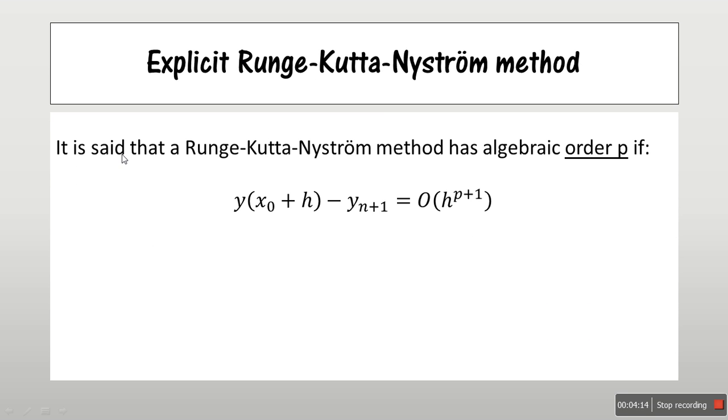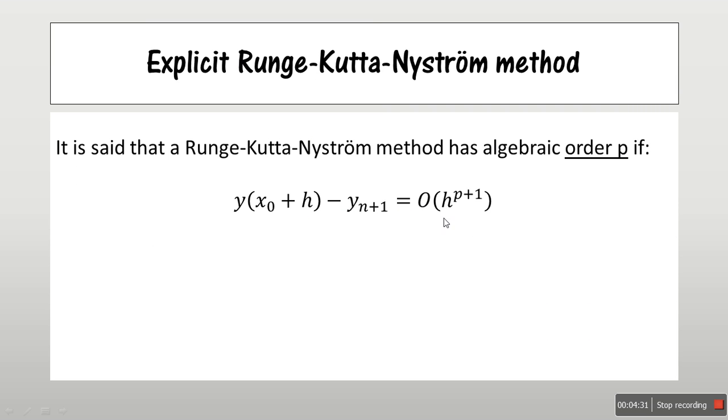We continue with the explicit Runge Kutta Nystrom methods, where it says that a Runge Kutta Nystrom method has algebraic order p if the new value minus the old value is equal to the truncation error.